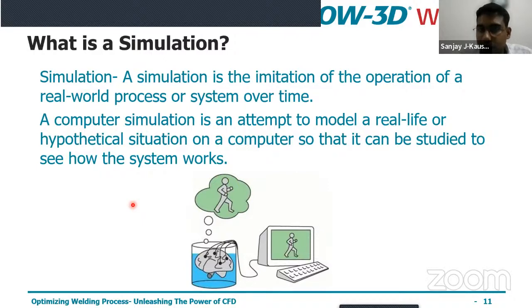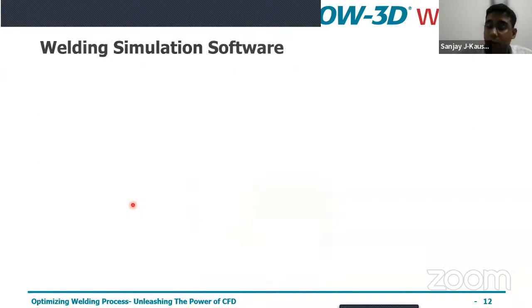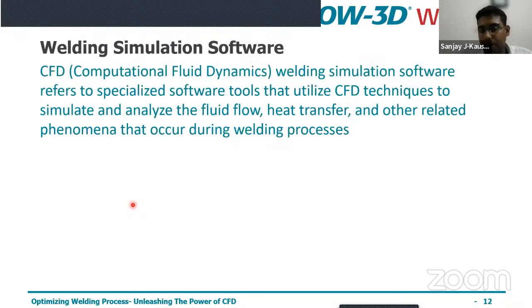Now, a computer simulation here is coupled with the techniques and theories of computational fluid dynamics. That is how we get a product called a welding simulation software. A welding simulation software coupled with computational fluid dynamics is a specialized tool that utilizes CFD techniques to simulate and analyze fluid flow, heat transfer, and other related phenomena in welding processes.